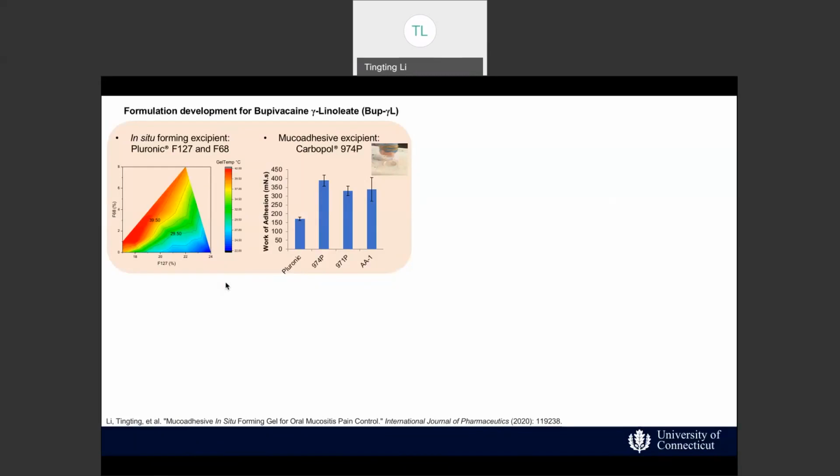Another important task is to select an appropriate mucoadhesive excipient. So here I did a mucoadhesive evaluation study. It is a study that requires the use of an instrument, a texture analyzer, and the way the experiment is run is shown in the small picture here. On the top, the pinkish area is an animal tissue, animal buccal mucosa.